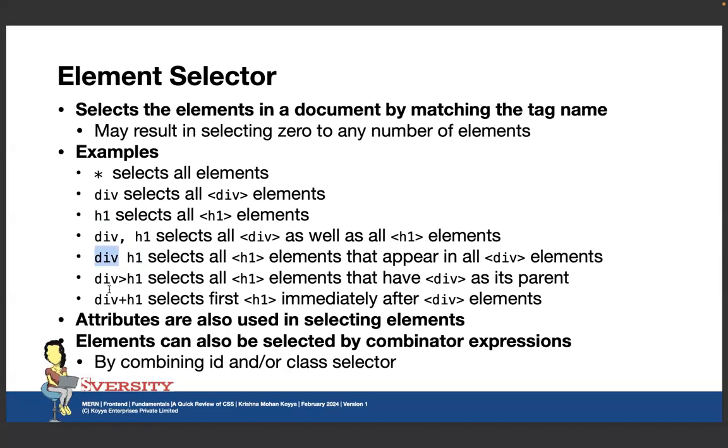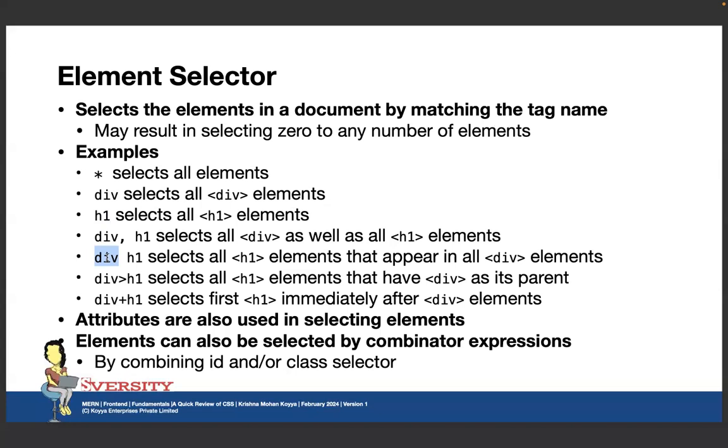If you use the greater than symbol, then it will select all H1 elements as long as they have div as their parent. The difference between div space H1 and div greater than H1 is that here the H1 must have div as its immediate parent, whereas with the space, H1 can have a div as its parent or grandparent or whatever in the entire structure.